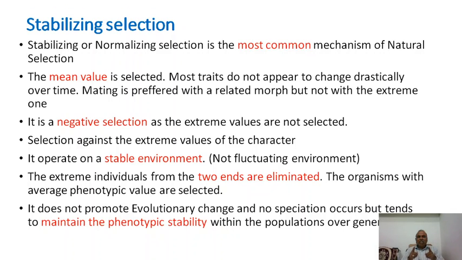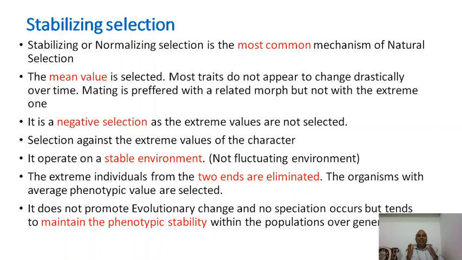Stabilizing selection does not promote evolutionary change because no change happens. So phenotypes are maintained in a stable condition. It does not favor evolution, and speciation does not occur at all.